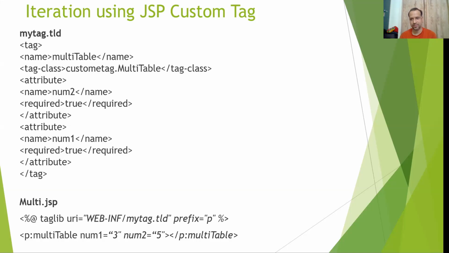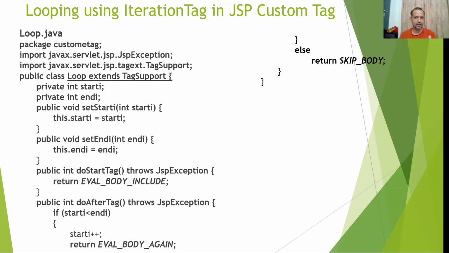Now after that, I'm going to focus fully on how to print the body part of that particular tag. I have mentioned the start point of that particular tag, and it is just like a loop. How can we use a loop in a custom tag?